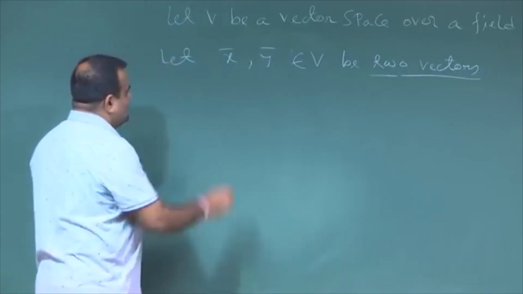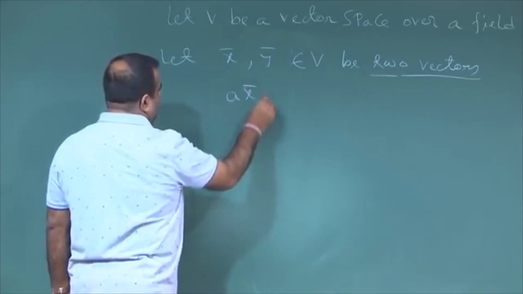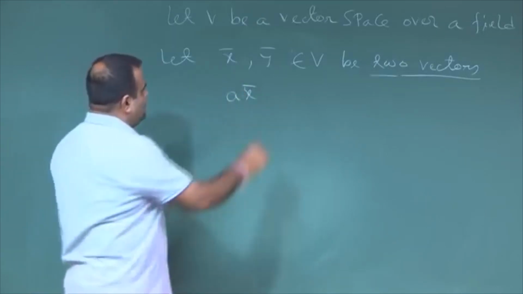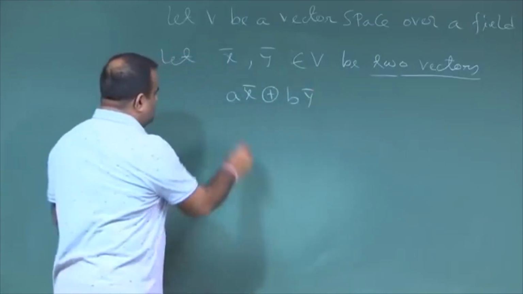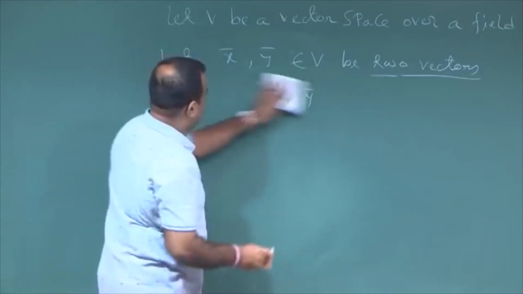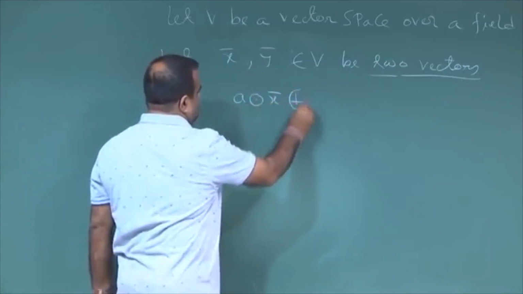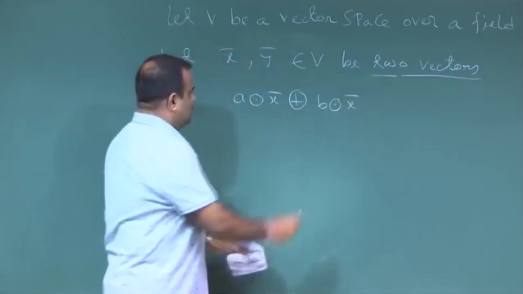Okay. Then this collection, if you take say a, b, a x plus b y. So, this is basically nothing but a is a scalar multiplied with x, and b with y.